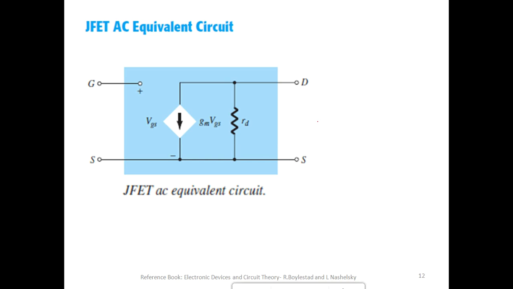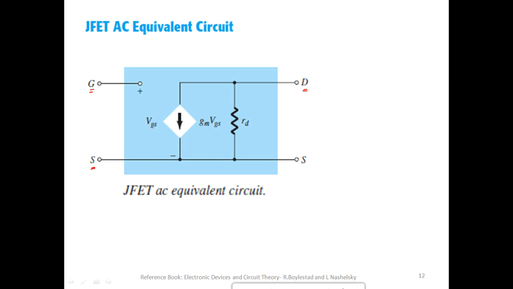Now let us try to understand the JFET AC equivalent model. What do we have here? When we go through this equivalent circuit, we observe that the gate terminal is present, the drain is present, and the source is common, so we obviously have the source terminal also.